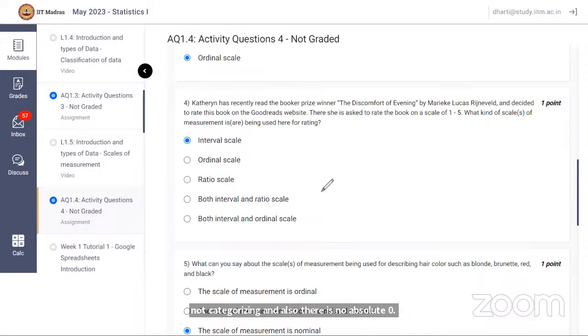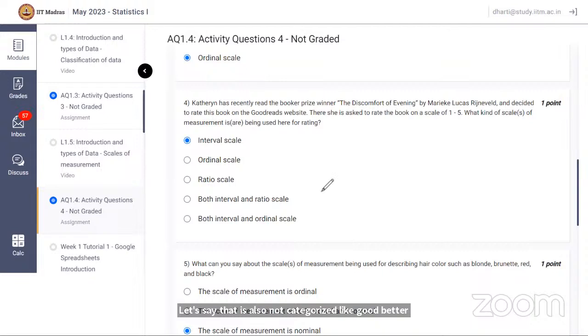See, this rating kind of thing can be ordinal, interval, or ratio, but it depends on how the scenario is created. In this particular example, she has to give the rating on a 1 to 5 scale only: 1, 2, 3, 4, 5. The difference is uniform, and it is not categorized like good, better, best, or outstanding.